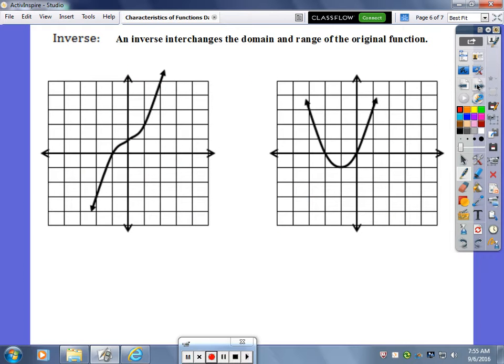The last thing I want to discuss with you today is inverse. An inverse interchanges the domain and the range of the original function.